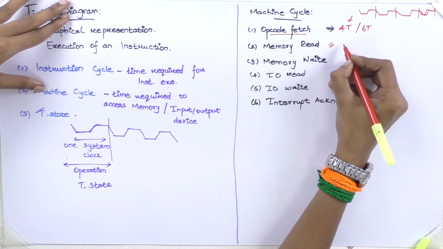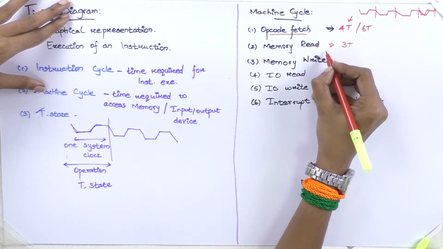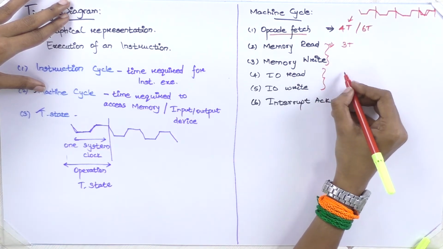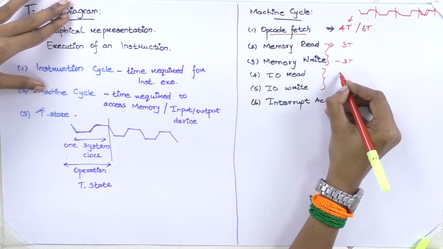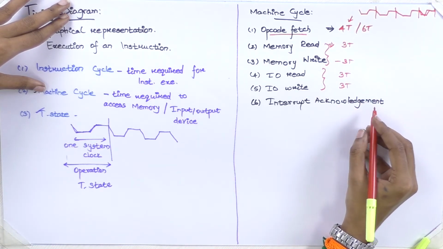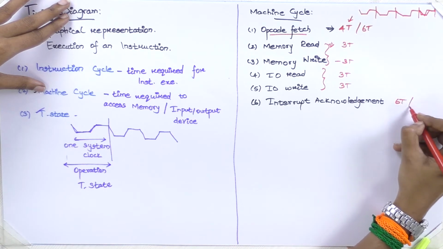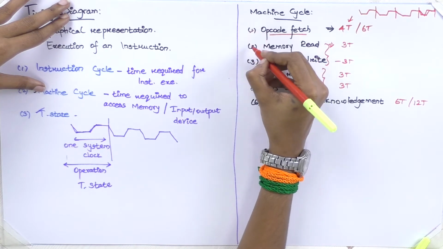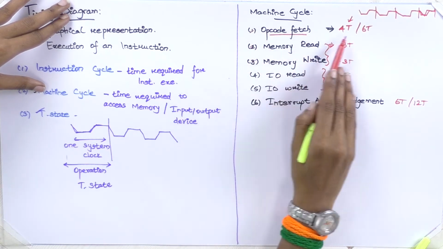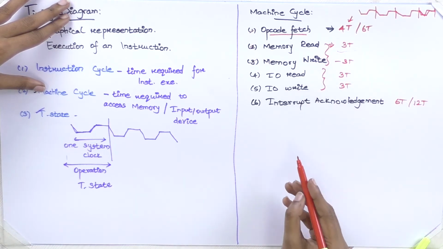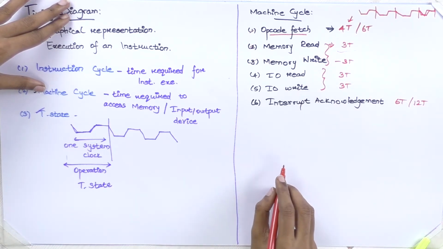Memory read will take 3, memory write will also take 3. Input output read and input output write separately will have 3 T states. Interrupt acknowledgement will take 6 T states or 12 T states. We will see each machine cycle in depth, how it takes 4 or 3 T states. First we will see about the opcode fetch machine cycle.